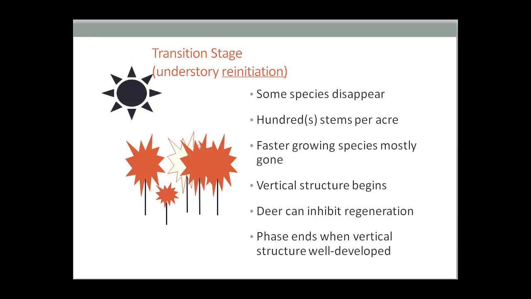This is a chance for deer, who may be able to inhibit some regeneration, or anything else that would have an effect at the ground layer. The phase ends when the vertical structure is well developed and we move into the steady state or mature phase.